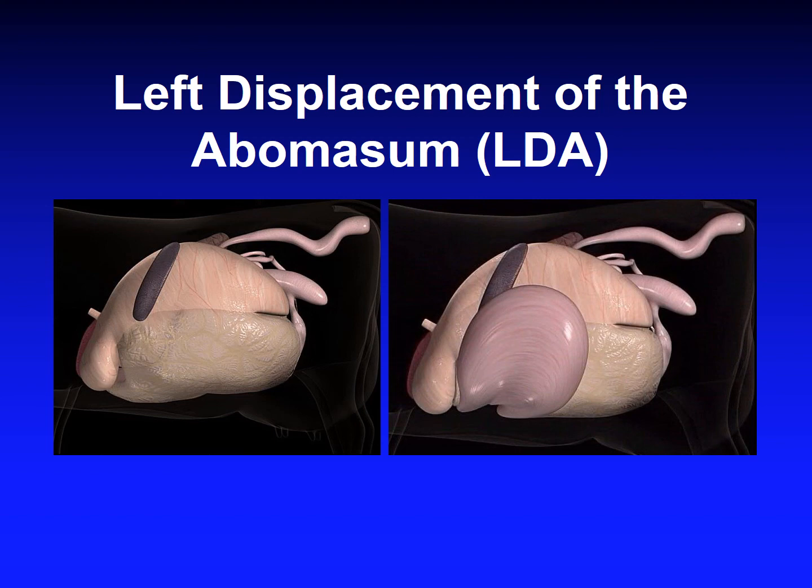There is no abomasum, there is no purple structure underneath the spleen attached to the wall of the rumen. On the right-hand side picture, on the other hand, there is a purple structure underneath the spleen attached to the wall of the rumen, and that is the abomasum.